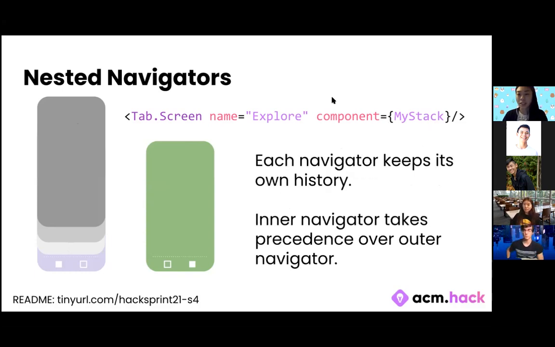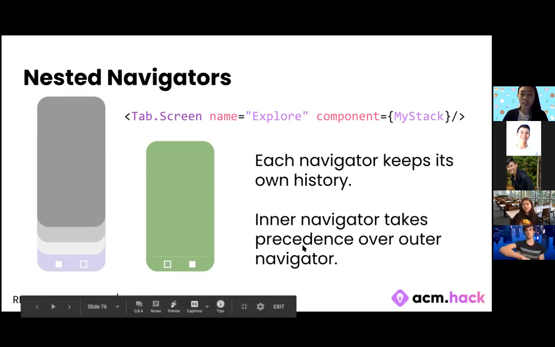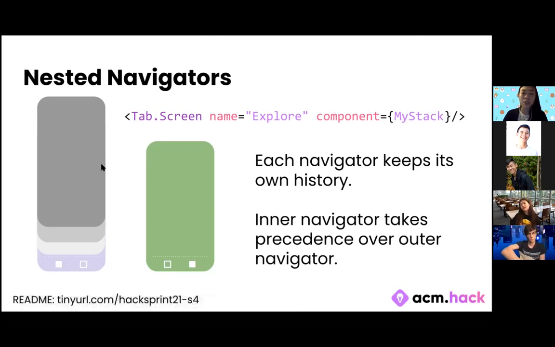Something to note is that each navigator keeps its own history, and the inner navigator takes precedence over an outer navigator. For example, if you have two stack navigators, one stack inside of another, and you hit go back, the go back refers to the inner stack navigator first before the outer stack navigator.